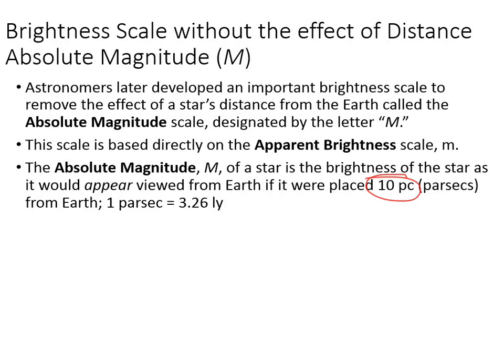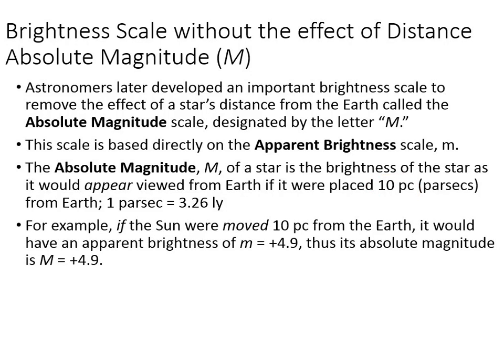You stop and look at the star, and whatever its brightness appears to be, that's its absolute magnitude, capital M. So what it's doing is normalizing the effective distance, because we need to remove the effect of distance so we can compare the stars. So absolute magnitude is as if you were about 32 light years from that object.